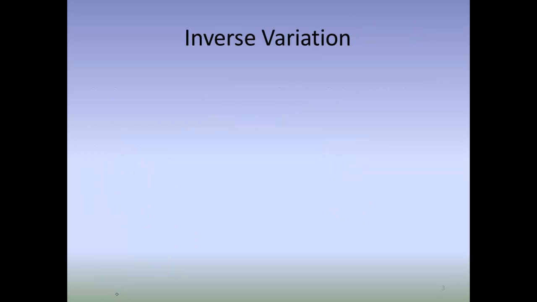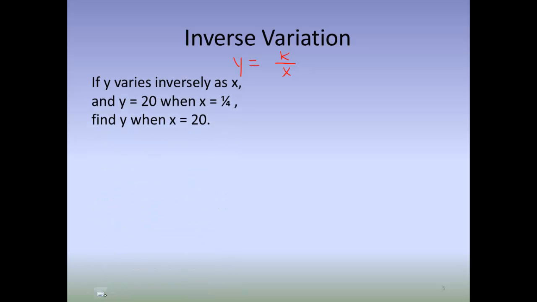Second type is called inverse variation, and the formula for inverse variation is y equals k divided by x. And so when you see this, y varies inversely as x, first thing you write is k divided by x.